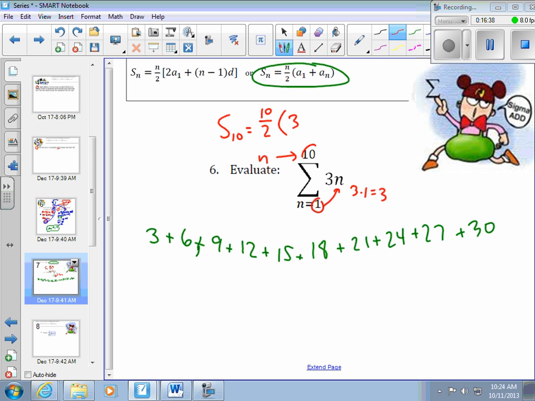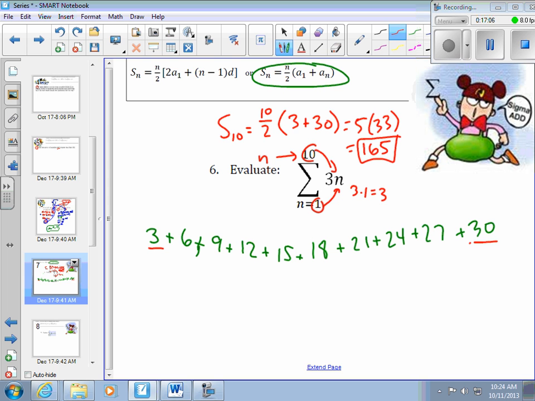If you put our last term in, 3 times 10 is 30, so that's our last term. Now we could use that little formula from that problem from Gauss to do this one. So 10 divided by 2 is 5. 3 plus 30 is 33. If you do 33 times 5, you can get the answer a lot quicker. It's 165.